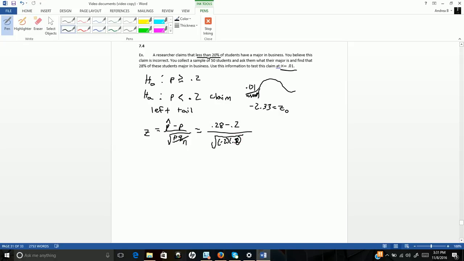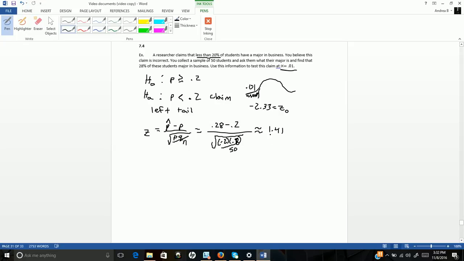So we have 0.2 times 0.8. And still underneath that square root symbol there, we divide that by our sample size, which in this case is 50. So then if we calculate that here, we get approximately 1.41.